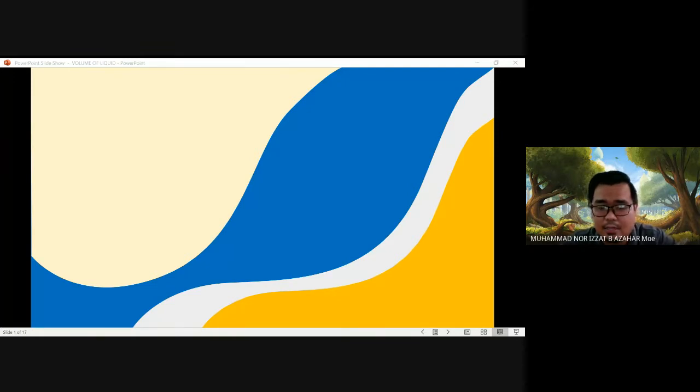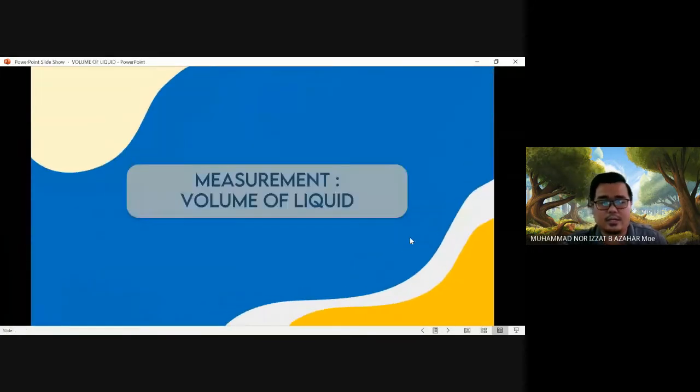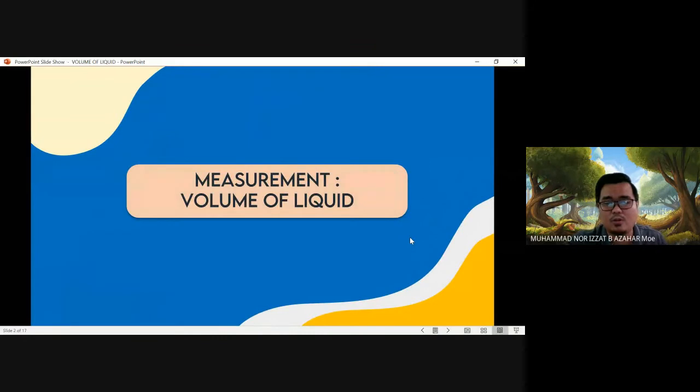Now, for today, what we are going to learn is about measurement volume of liquid. Apa itu volume of liquid? Volume tu seminggu sebelum ni, the previous week kita dah belajar, we have learned about volume of solid.